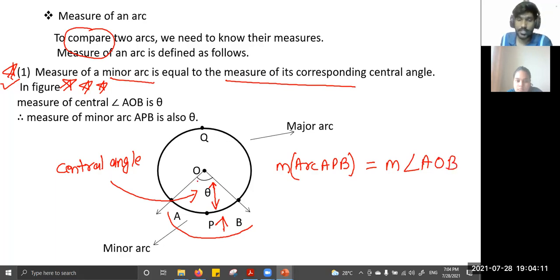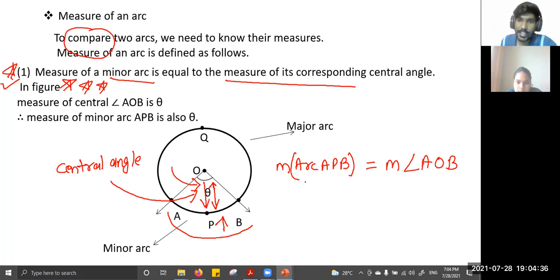So the first statement says that the measure of the central angle and the measure of its corresponding arc are the same. Corresponding means the arc which is right in front of that central angle. So this is the central angle, theta, and the arc exactly in front of this angle is arc APB. Both of them will have the same measure.